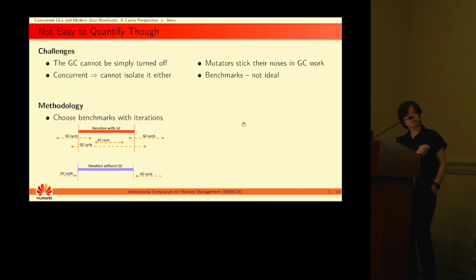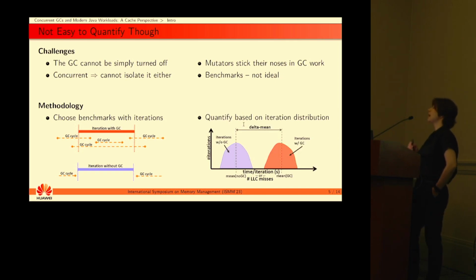So we have these two types of iterations, and we quantify the impact on the application performance based on two distributions for these types of iterations.